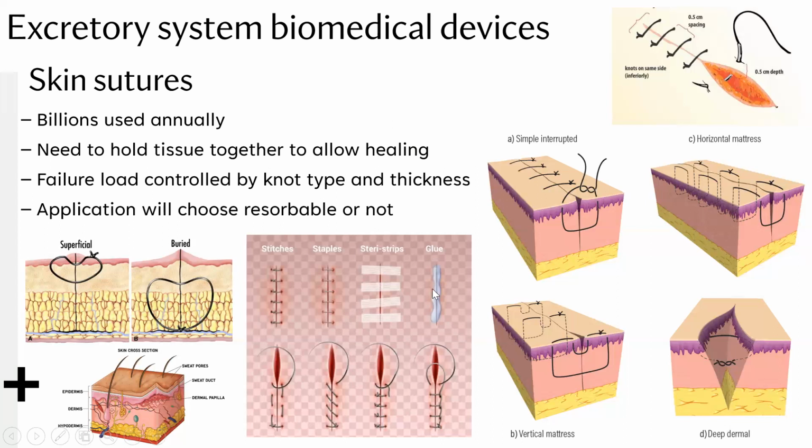And then there are also glues. This is when you have significant bleeding and usually don't have enough time to do this. There are these special glues, biocompatible biomaterials that seal it quickly in order to allow the tissue to start healing.